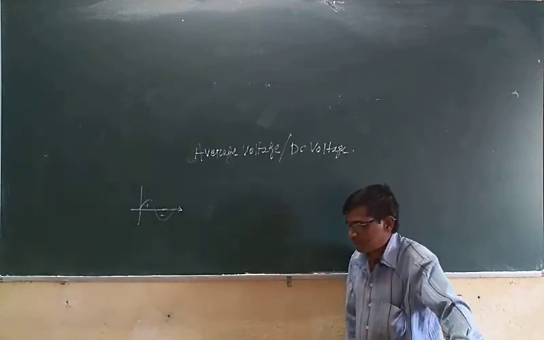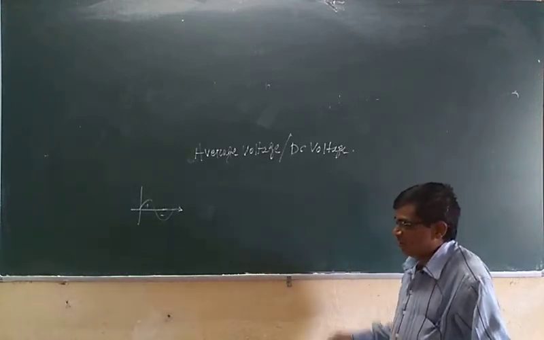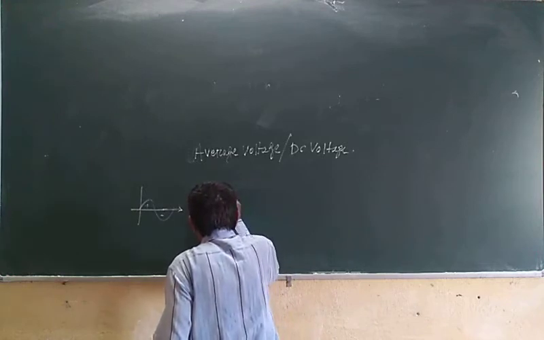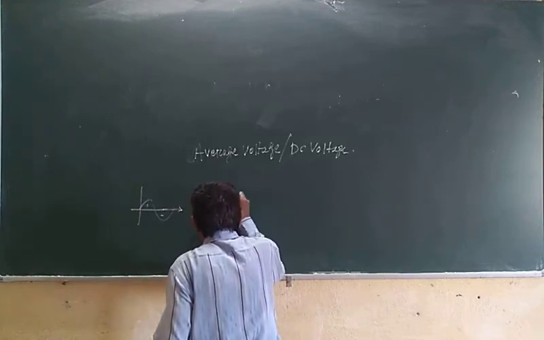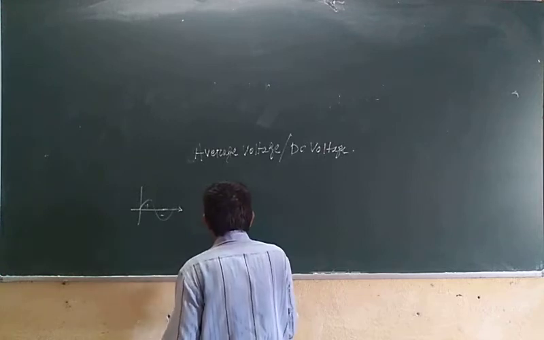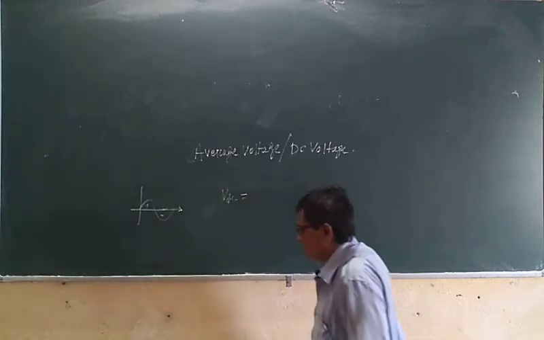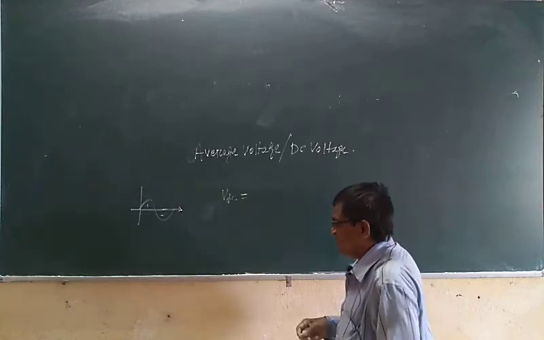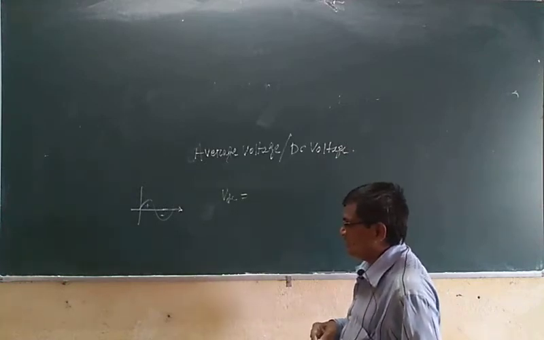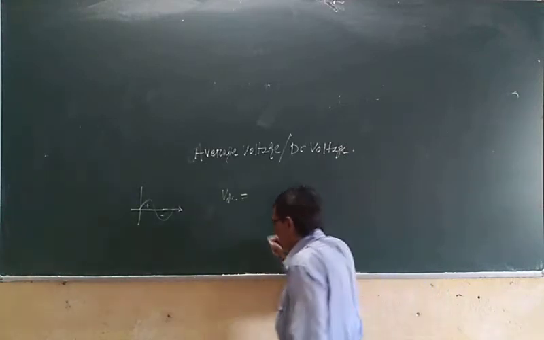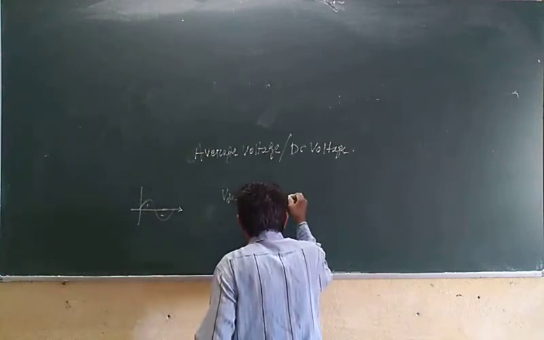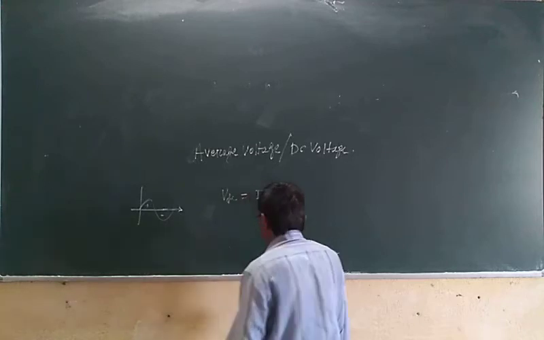Now we calculate VDC. We know voltage is equal to current into resistor, or I into R. That means IDC into RL.